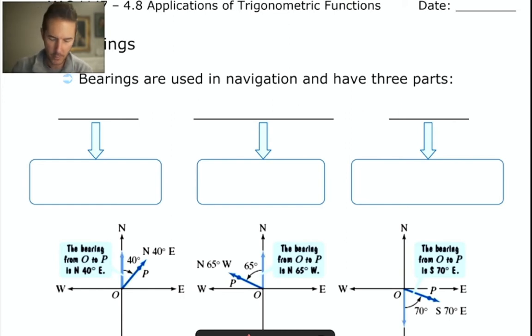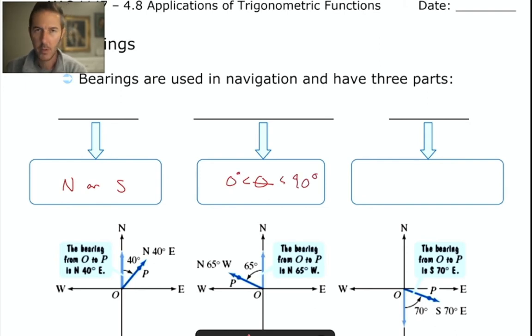There is going to be some indication of whether you're going north or south, and then there's going to be an angle measure, we'll call it theta, that's going to be between 0 degrees and 90 degrees. Strange that we've switched back to degrees in this section. We've been working with radians so much, but degrees for a little while. And then last, we will have an indicator of whether we're going east or west.